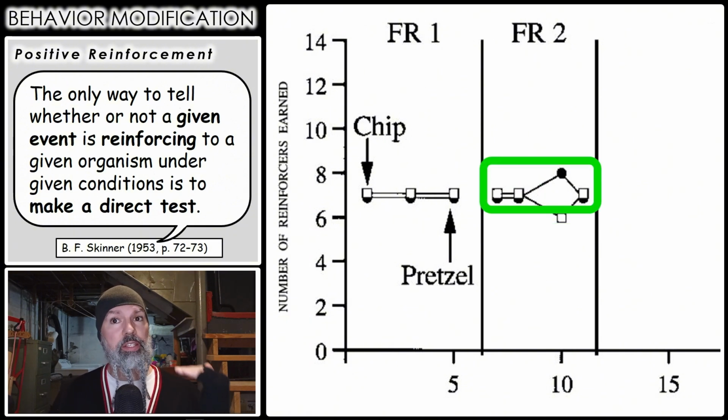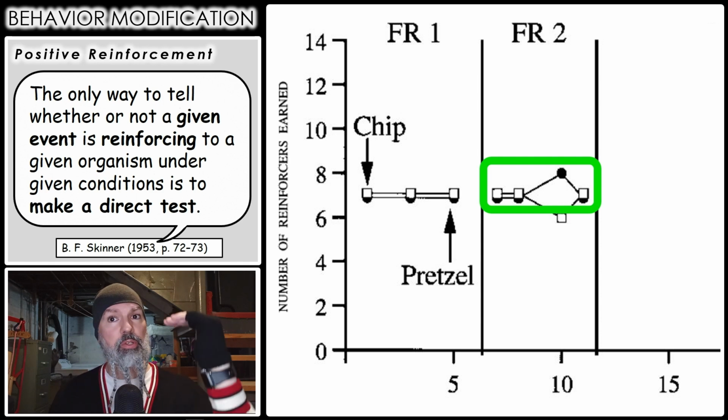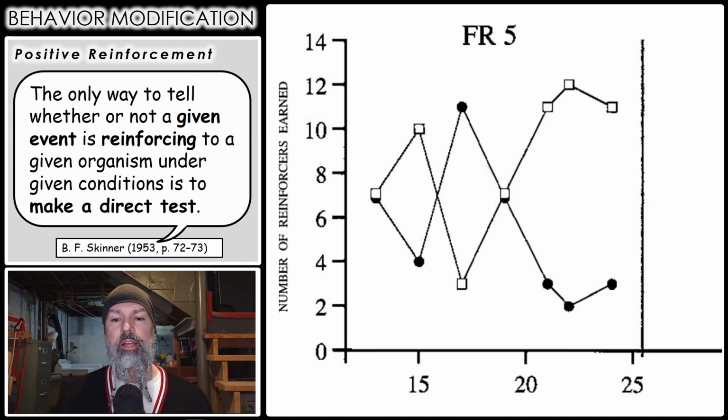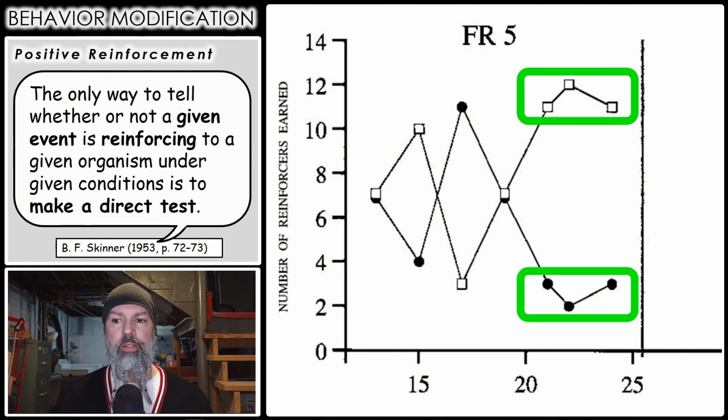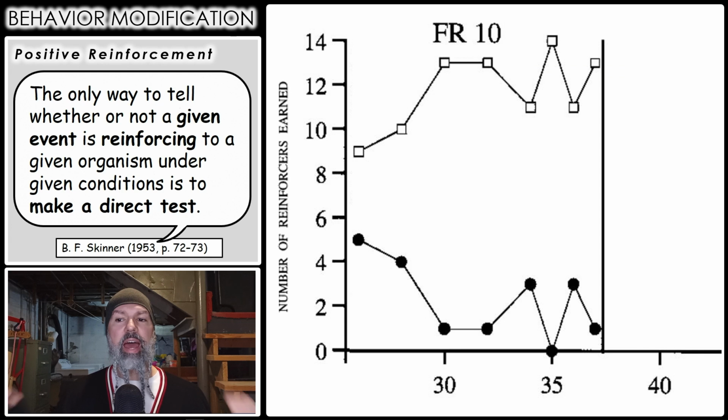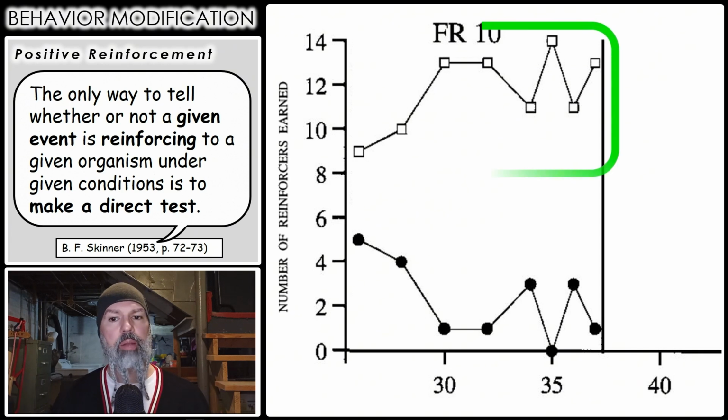However, once the number of responses required started to increase past 2 responses, now we started to see a difference. So at the end of the sessions where 5 responses were required, now all of a sudden we can see that the chips are starting to be highly preferred compared to the pretzels. And then as we increase the number of responses required, that difference just gets more and more pronounced.